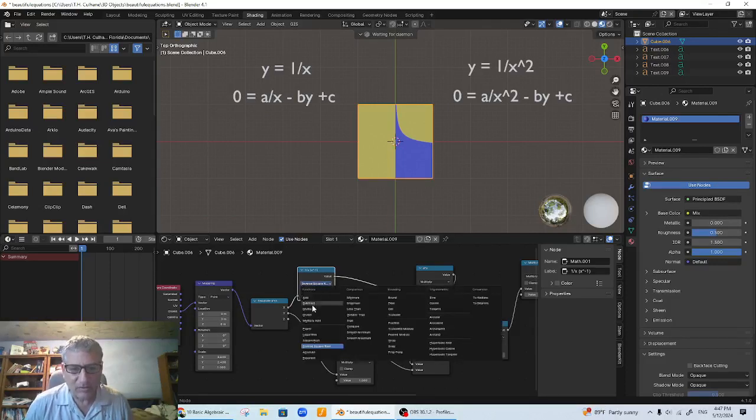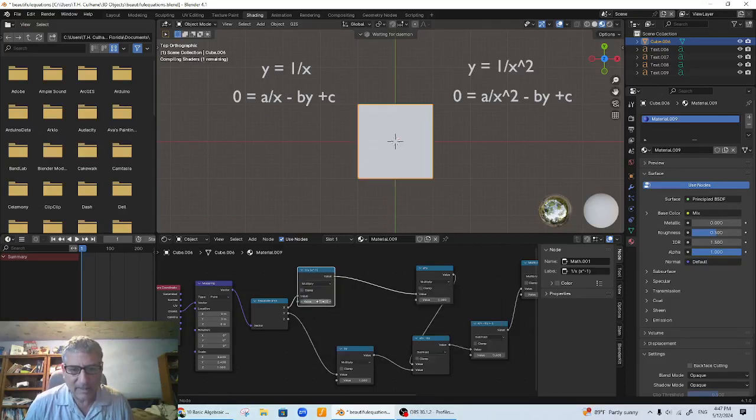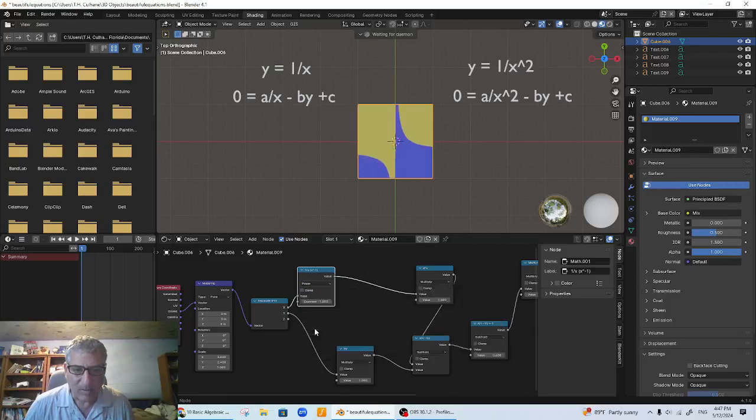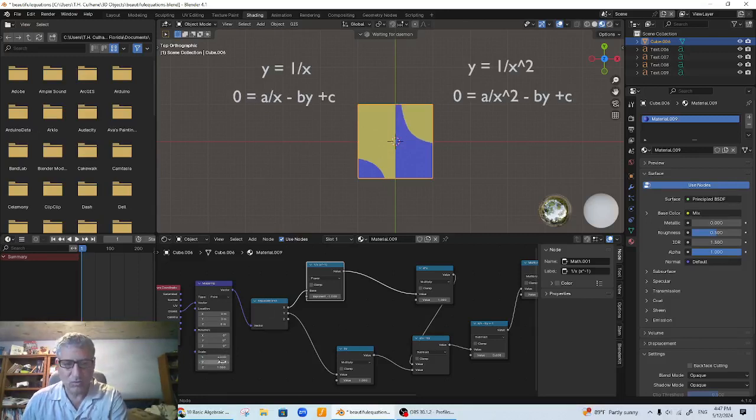Let's go back to multiply and make this -1. Not multiply, what are you talking about? Power. Sorry, so there's the power. This is a power function, and we need to make this 2 and this 2. All right, so maybe more than that. Yeah, okay.